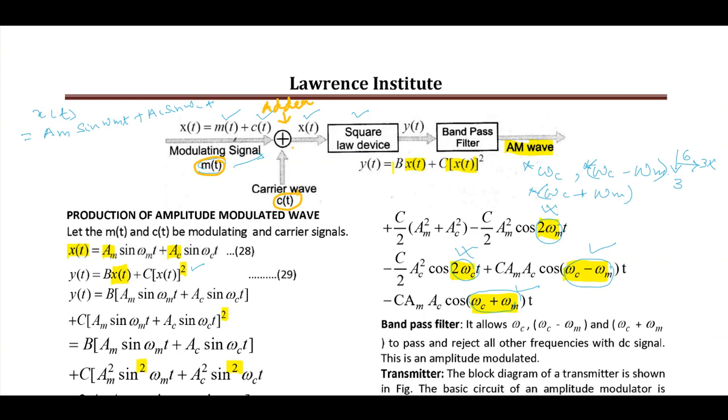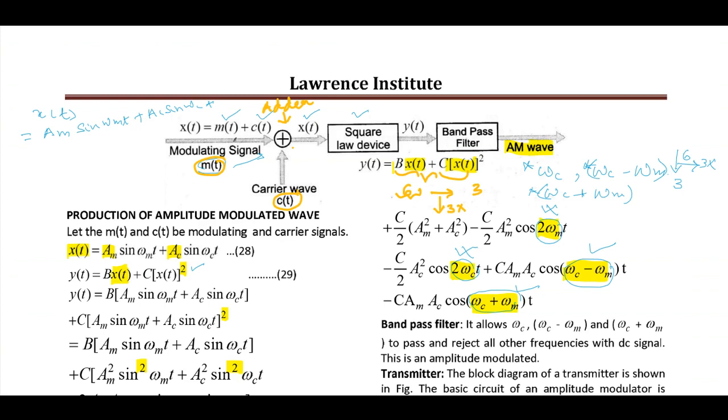And then this is the square law device. It works on this formula. After applying this formula, we get 6 frequencies. But we need 3 frequencies, and the other 3 have to be shunted out.